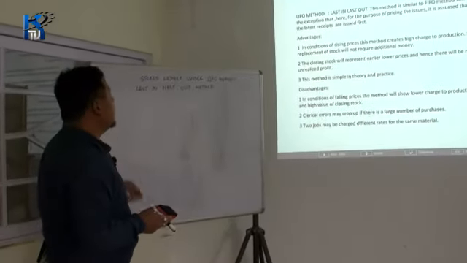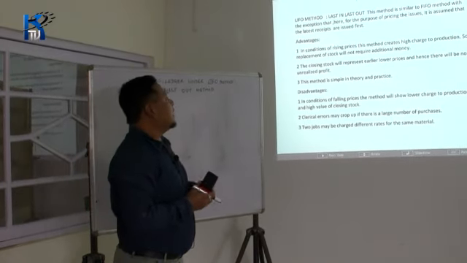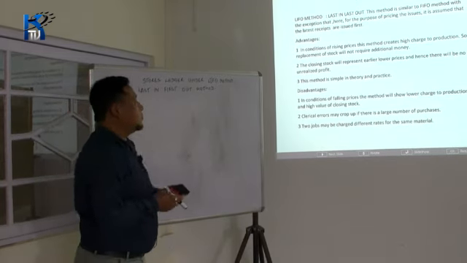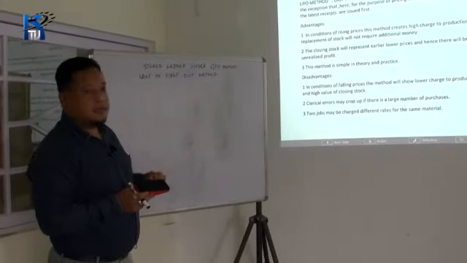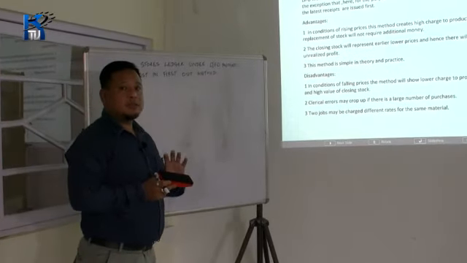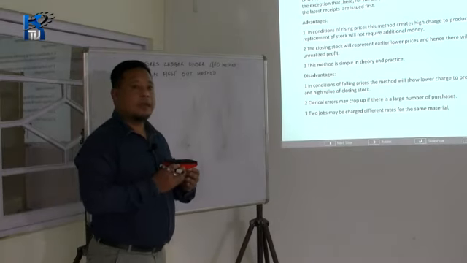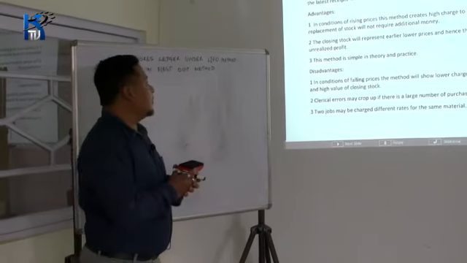This method has certain advantages. Number one, in case of rising prices, this method is suitable. For rising prices, this method charges a larger cost to the cost of production. That means the cost of production is shown at a higher amount.